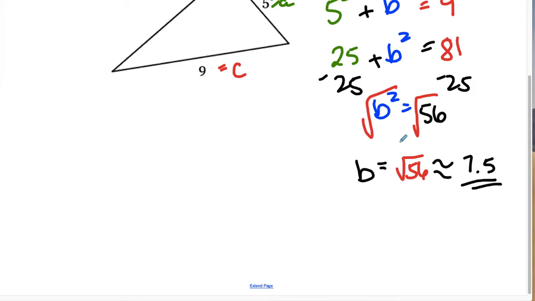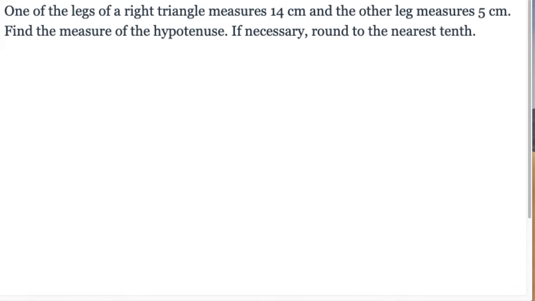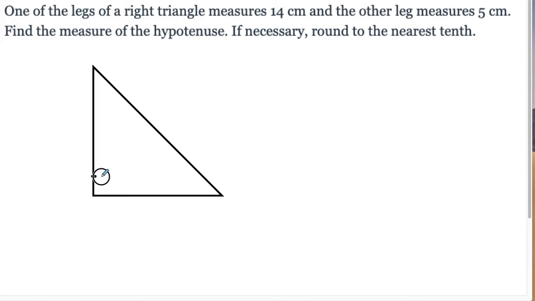Cool. We can also use the Pythagorean theorem even if there is no diagram. So it says here one of the legs of a right triangle measures 14 centimeters and the other leg measures 5 centimeters. So you want to draw out a right triangle, with a right angle right here.